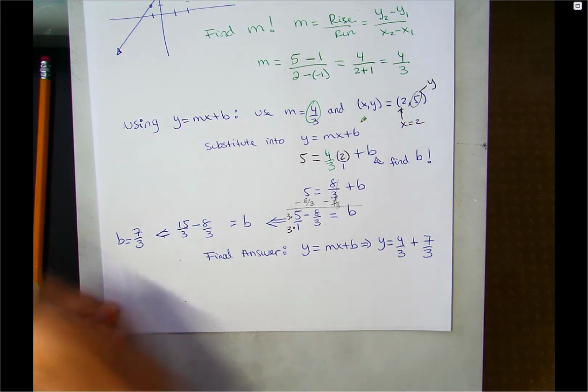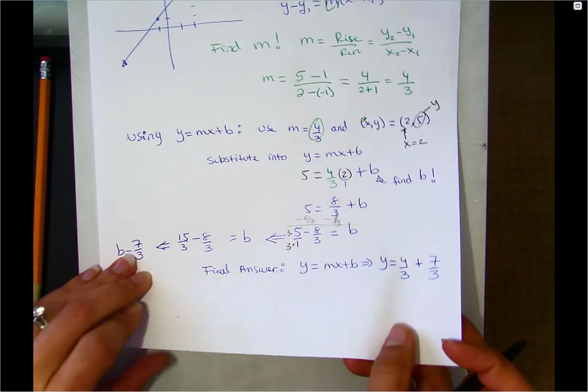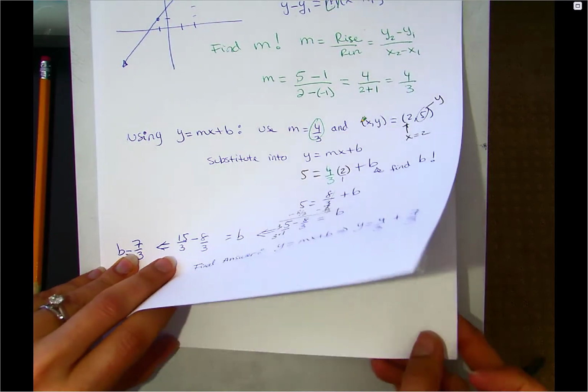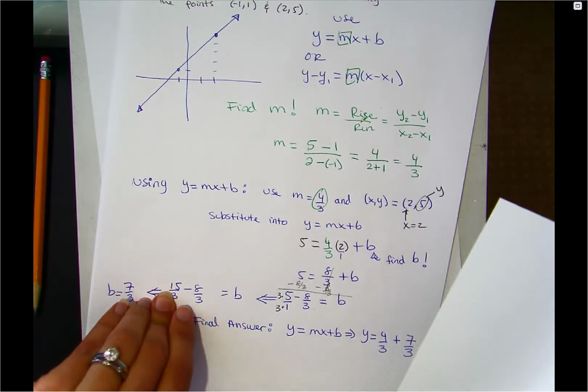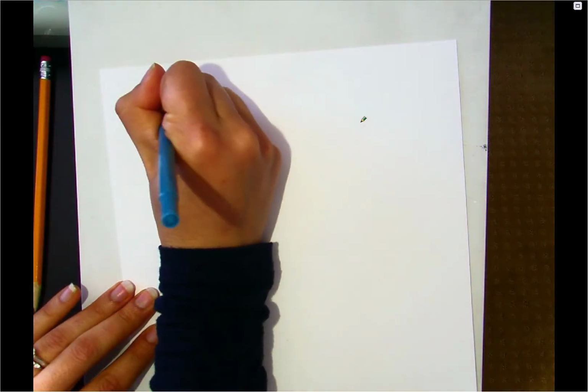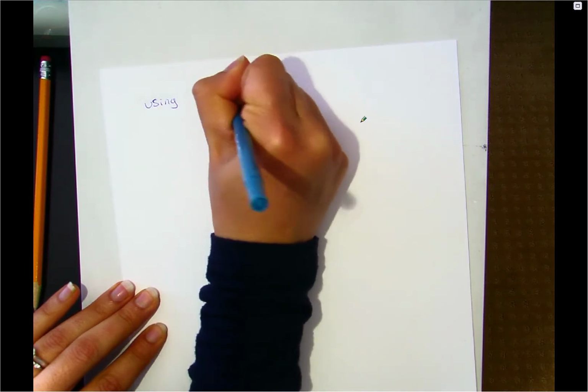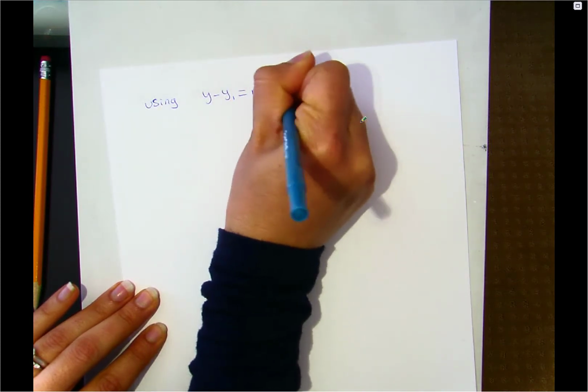The other method, I wonder if I can squeeze it in here. I better not try. The other method is using the point slope form, y minus y1 equals m times x minus x1.